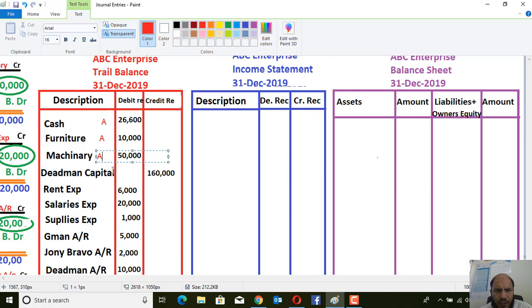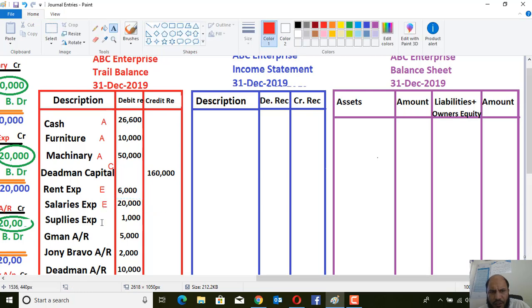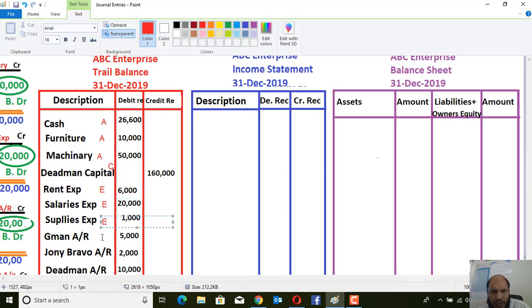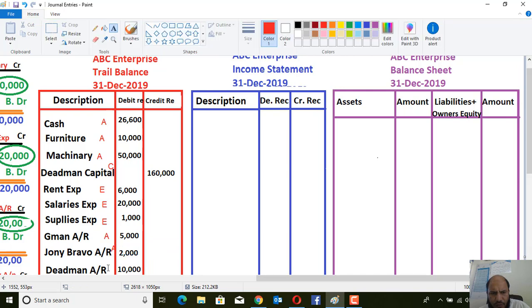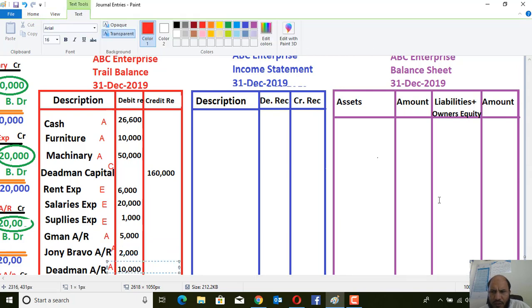In other words, we may say that it is the capital of owner account, any C account. Rent expenses is an expenses account, so E. Salary expenses is an expense account, E. Supplies expenses is an expense account. Account receivable is an asset account. Account receivable from Deedman is an asset account.